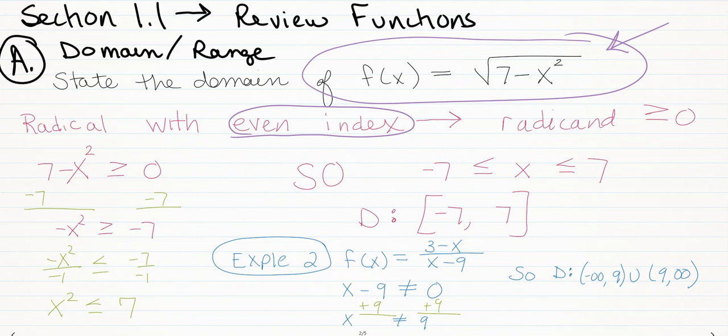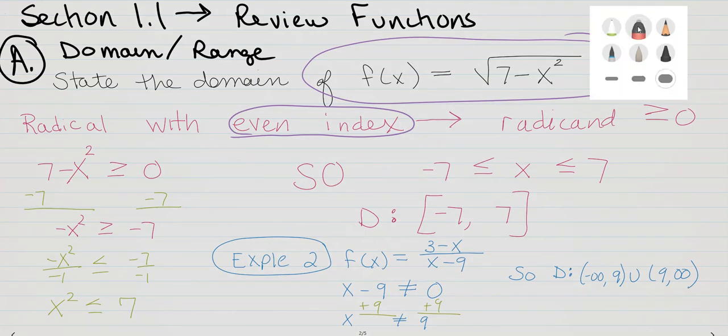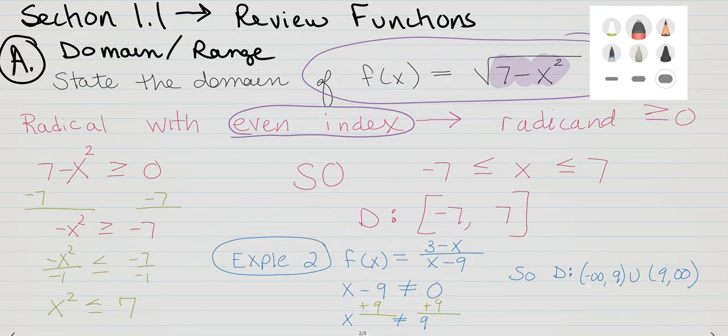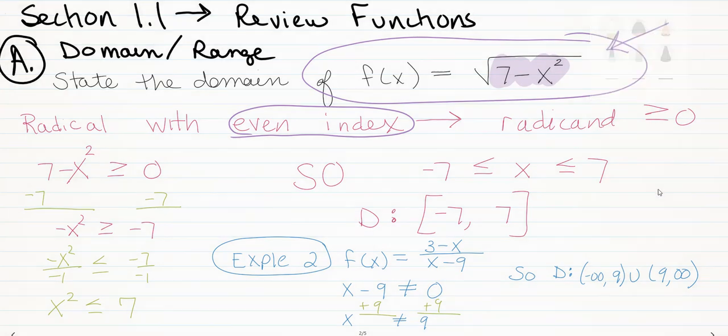And if it's an even index, so if this was a 4th root, 6th root, and so on, then you'd follow this same procedure because the radicand, that's the piece that's inside the radical, the 7 minus x squared, has to be greater or equal to 0. And that's only if this index is even. So if this is a cube root, we can have all real numbers in most cases.